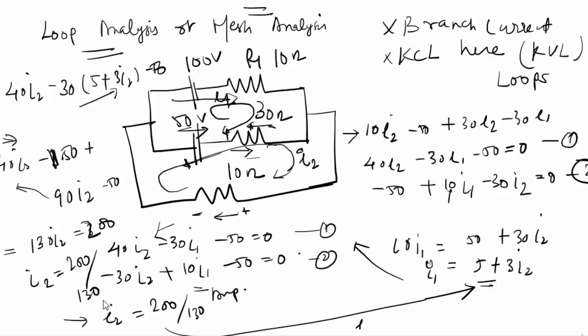So now you have found your I1 and your I2. That's how you have found the currents I1 and I2.